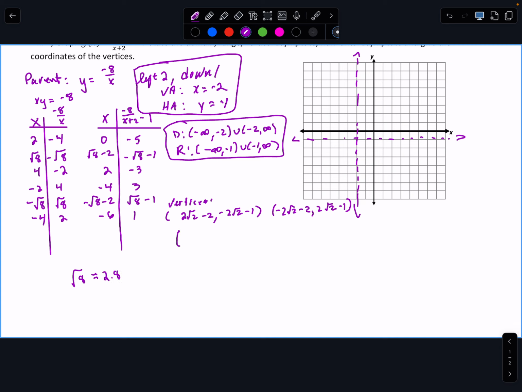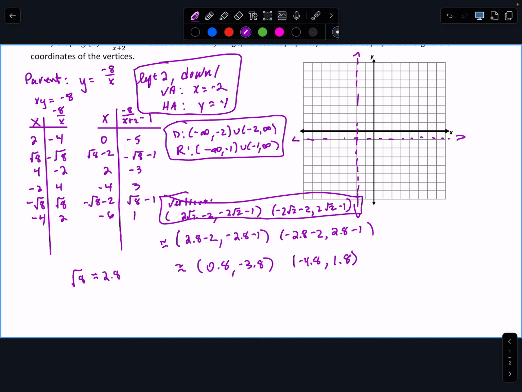So I'm thinking of this as 2.8 minus 2, -2.8 minus 1, -2.8 minus 2, and 2.8 minus 1, to approximate those so I can get them graphed. In terms of my answers for labeling the vertices, these are my answers, the exact values.